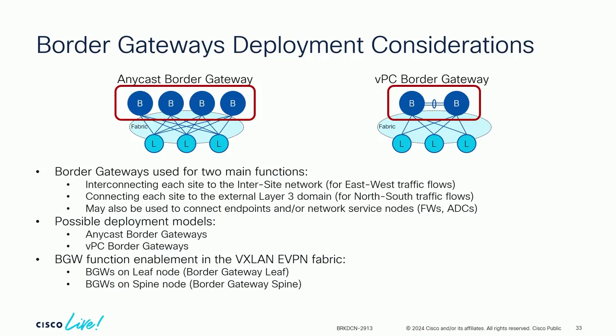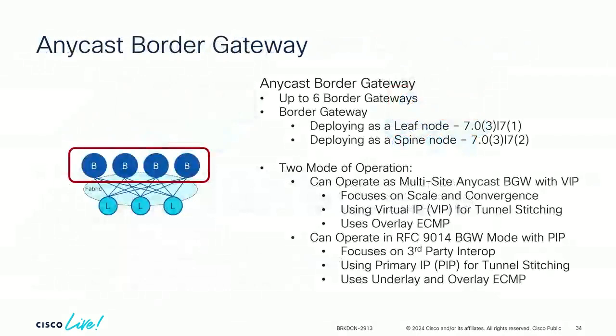The other border gateway mode we have is what we call the VPC border gateway. So it's not just a border gateway. I also have the ability to make them look like one. Remember the legacy connectivity I was talking about? Having an Ethernet network or having a host connected to it. So these are the two different modes of border gateways we have.